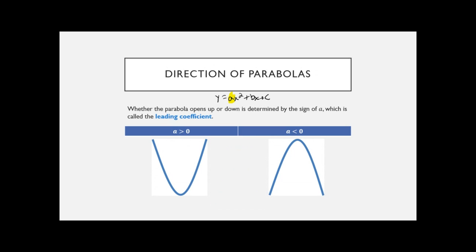So if that is a positive number, then it opens up. Think of it, if you're positive, you're smiling. If it's a negative number, it opens down, you're frowning. So literally the sign of that number determines if your shape is a smile or a frown for your parabola, which is a really nice way to think about it.